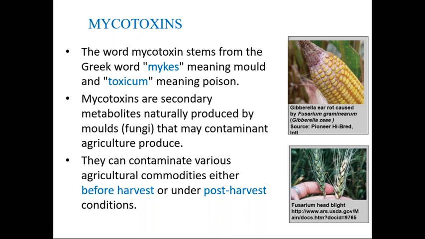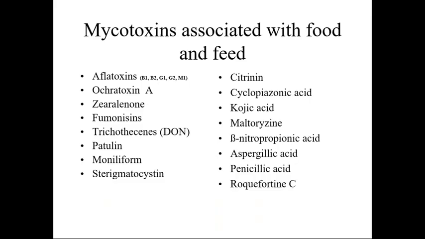The mycotoxins can either be pre-harvest or post-harvest. That means they grow on the plant, and the toxin is present right from the beginning, or the spores are there, and on storage, post-harvest, the conditions are conducive for their growth.